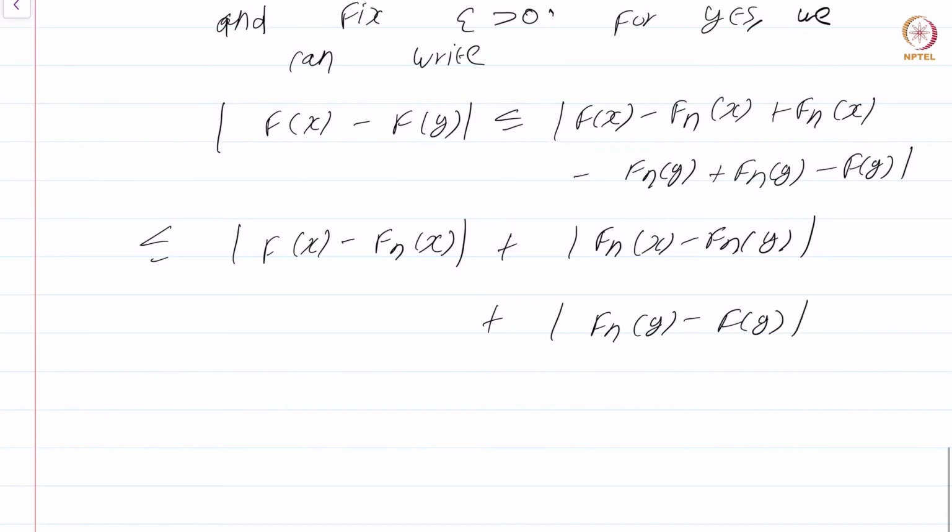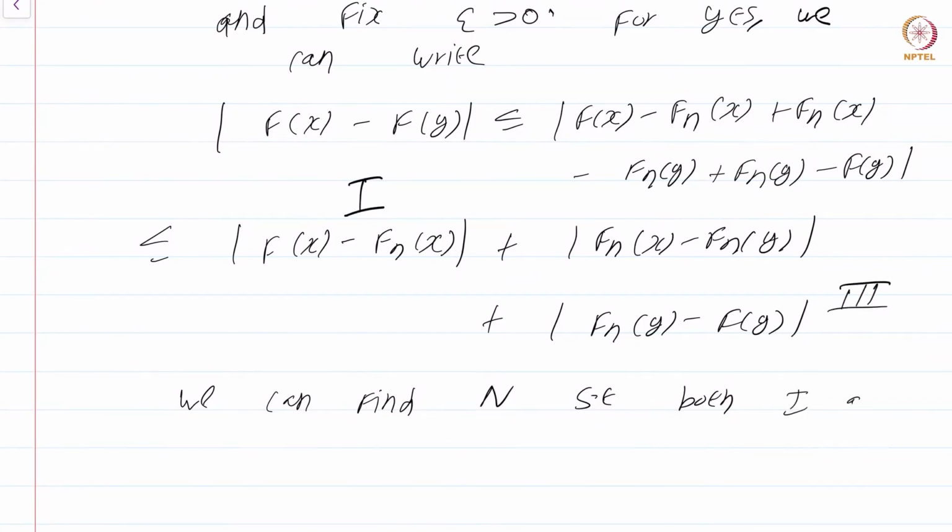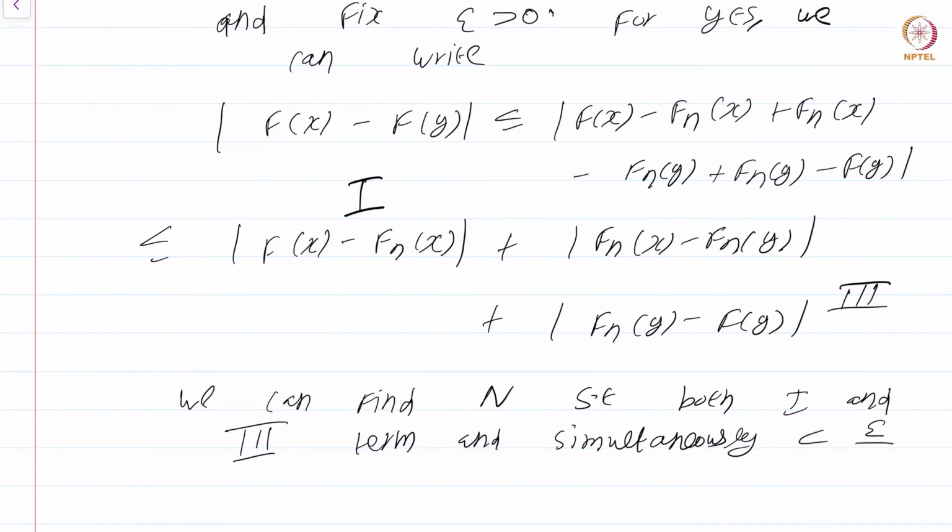Now here is the crucial fact. We can find capital N such that both the first and third term are simultaneously less than epsilon by 3.